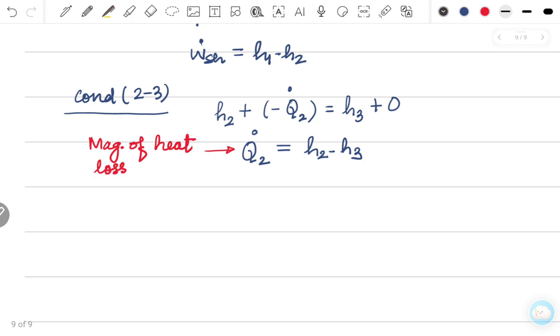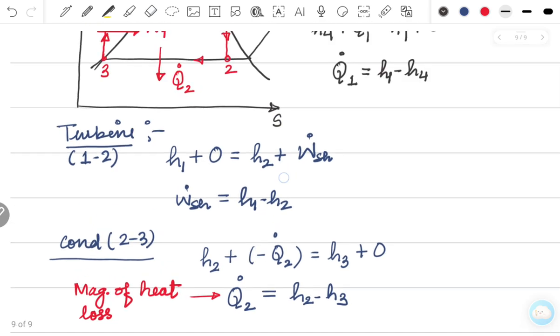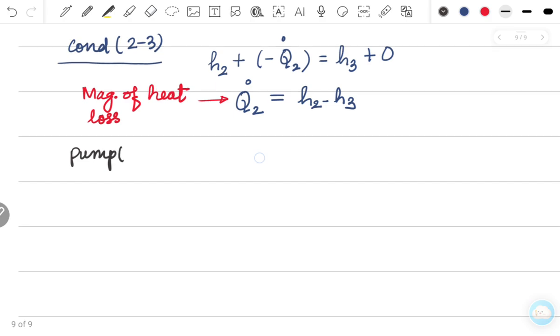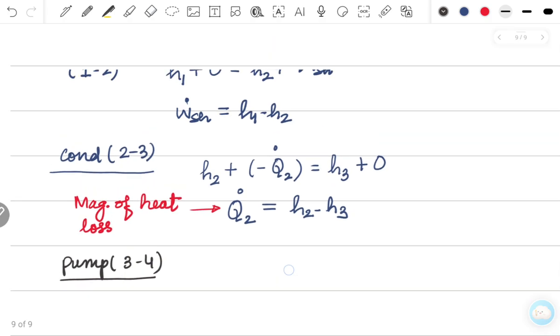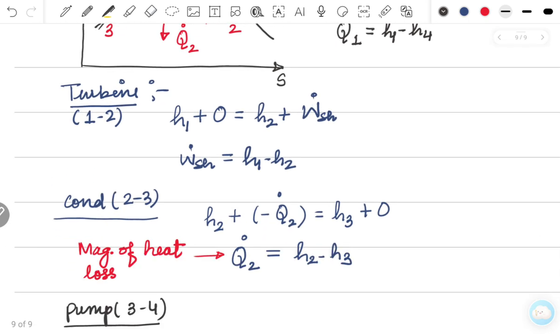Okay, now finally comes the pump, which is process 3 to 4. Now inside the pump, what is happening? We are supplying work so that the pressure can be increased, isn't it? So the fluid is entering at point 3 with energy H3 and exiting at point 4 with energy H4.